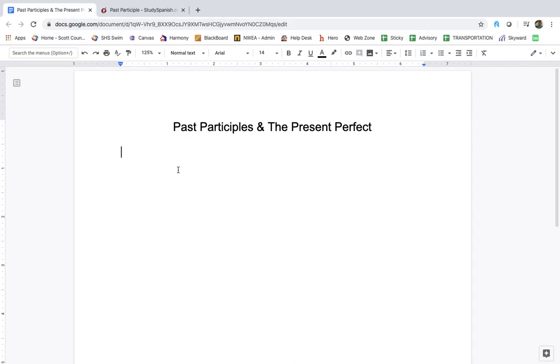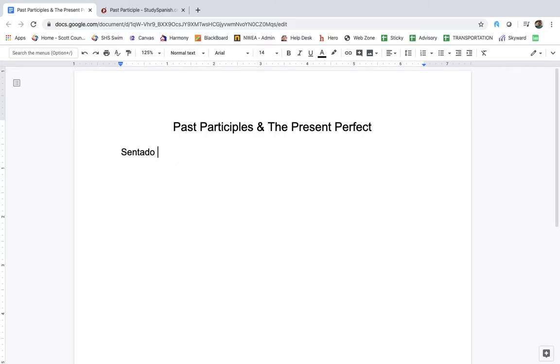So in Spanish, when we want to take a past participle, for example, sentar, to sit, and I want to turn that into sat or seated, then all I need to do is drop the AR ending and replace it with ado.